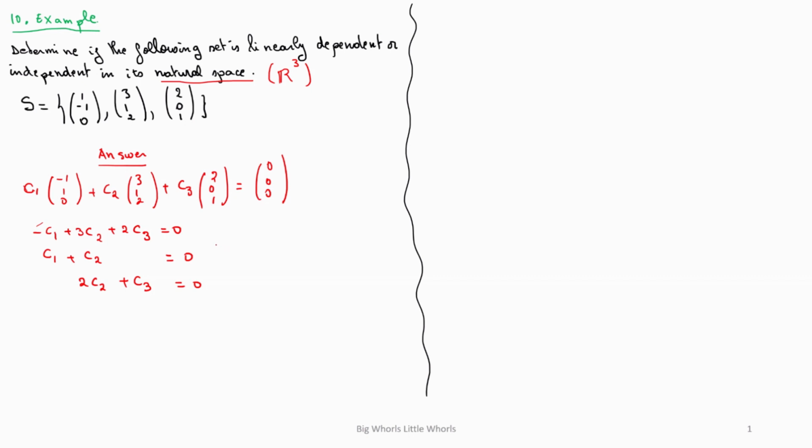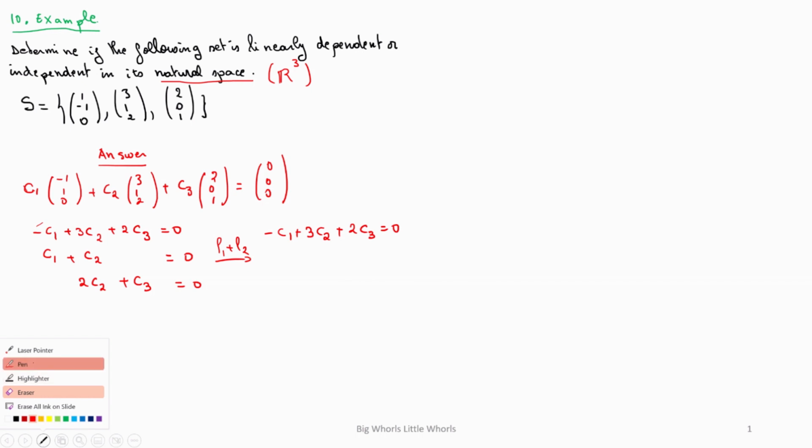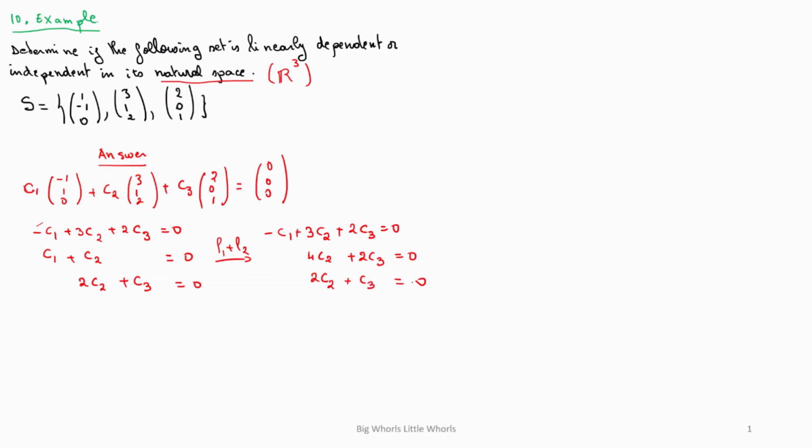Adding C1 + C2 = 0 to -C1 + 3C2 + 2C3 = 0 gives 4C2 + 2C3 = 0. And we have 2C2 + C3 = 0.